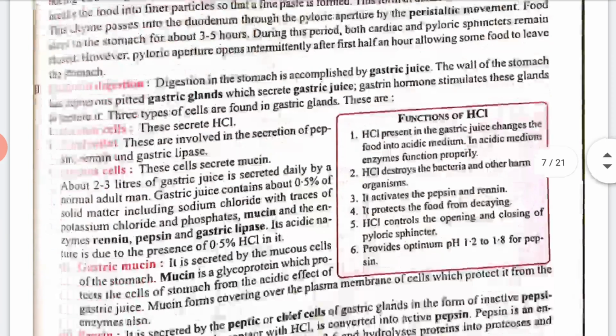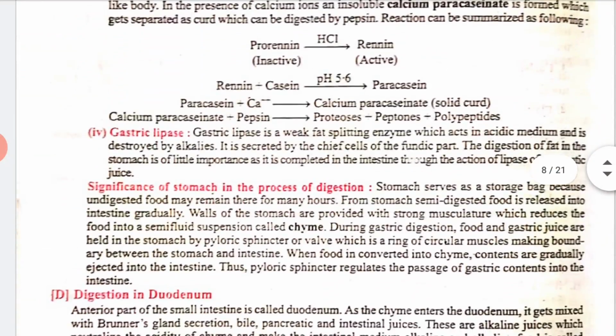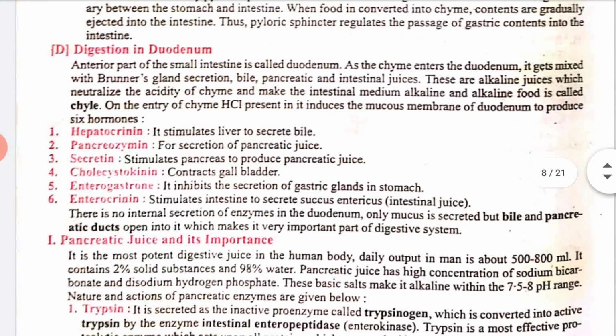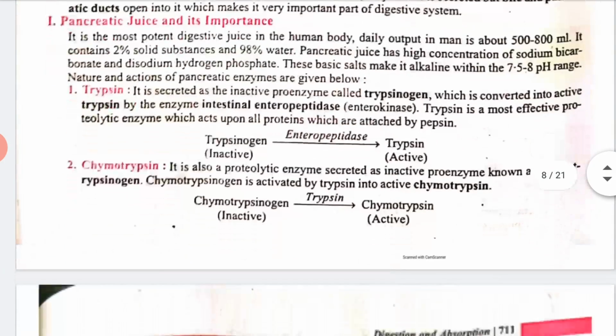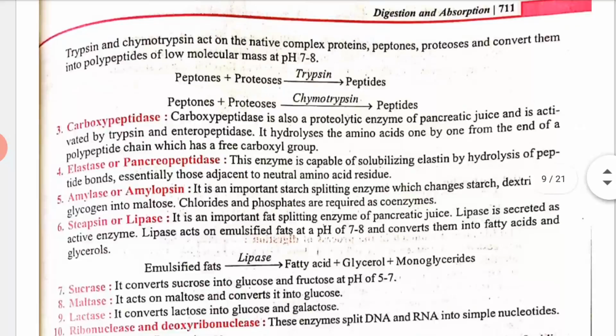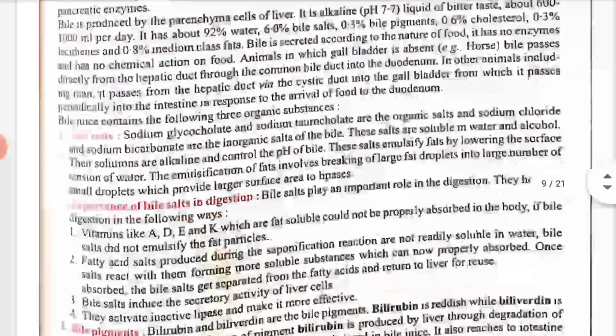Now digestion in the duodenum, this also we have discussed, the role of the duodenum in our body. Now bile juice and its importance, how we secrete the bile juice and what is the importance of bile juice.